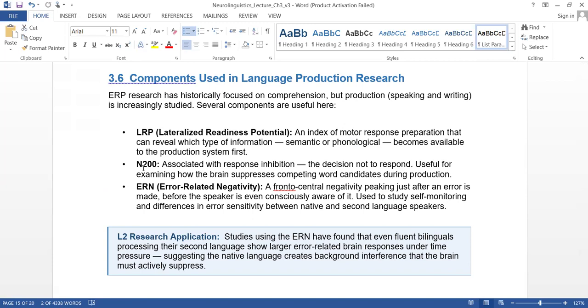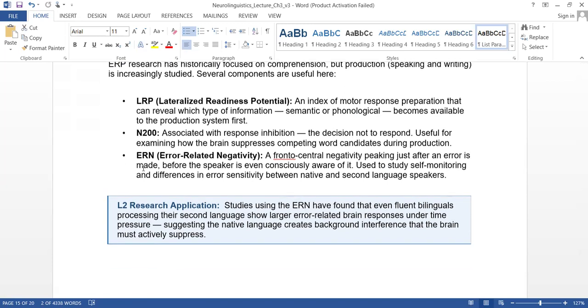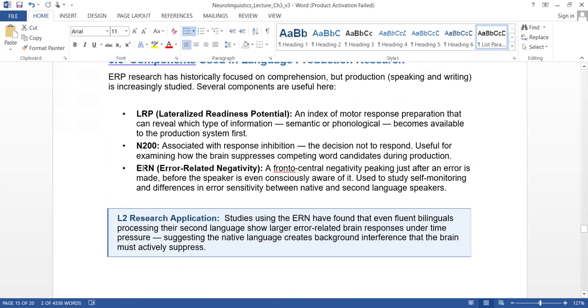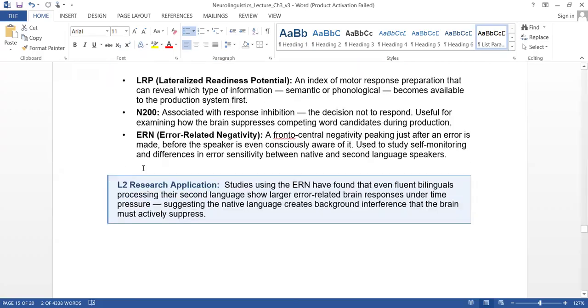But these are also being explored. So I won't be discussing all these three, LRP, N200 and ERN, in detail. But what you really need to understand is that these are also some of the components of brain activity which can be examined through EEG, and they can help us understand language production.